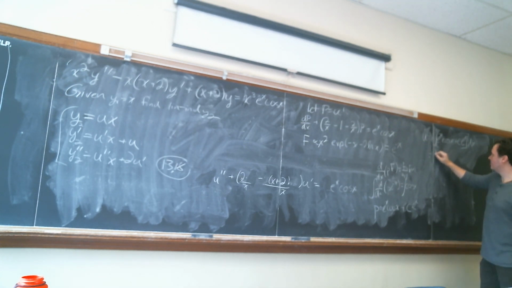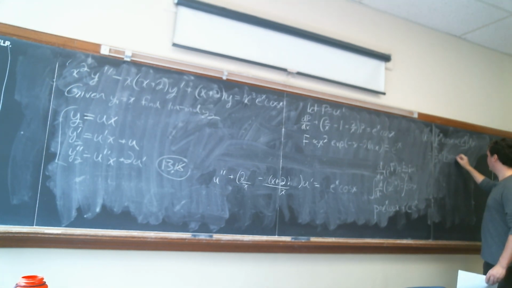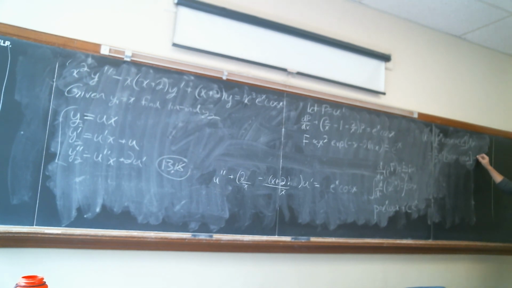And that's just equal to 1/2 e to the x, what is it, sine x minus cosine x, plus c e to the x. When you look at the problem, this integral is given to you, but that's not a hard integral to do. And that's the whole problem.